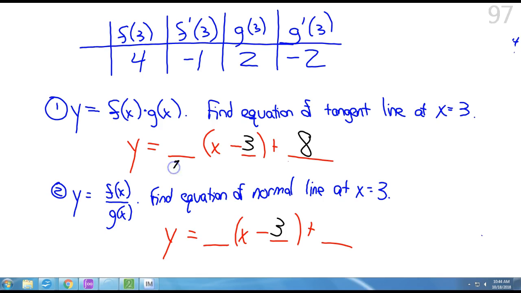This is always find the derivative and then plug in. So your derivative would be the second thing times the derivative of the first thing plus the first thing times the derivative of the second thing.